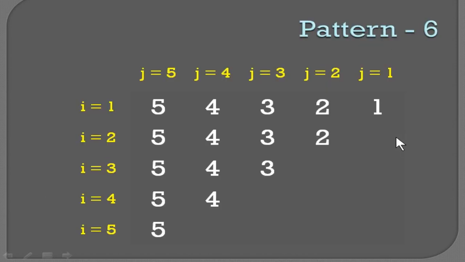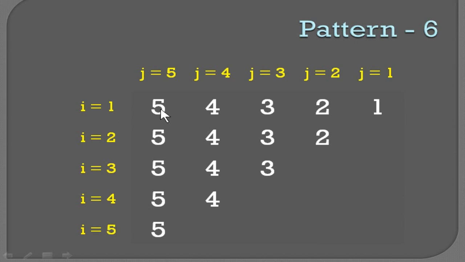Okay, the next pattern: you can see the first row is 5 4 3 2 1 and then 5 4 3 2, and it goes on like that till 5. For the outer loop, you cannot make out the i value from the first column, so go to the last number of each row. You can see it is 1 2 3 4 5. That means the i value starts with 1 and ends with 5, going in an increasing way.